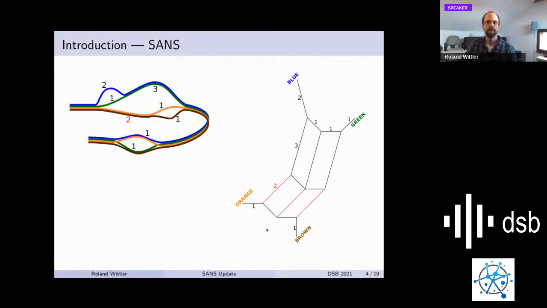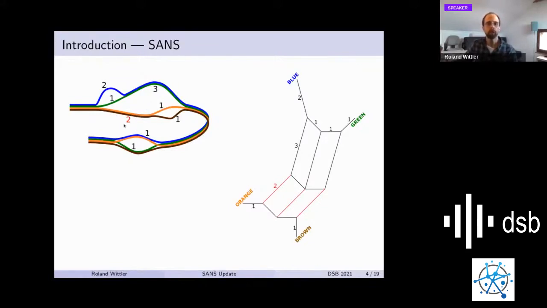So how do we get the phylogenetic splits from our genomes? On the left, you see a visualization of 4 genomes: blue, green, orange, and brown. They are visualized like a colored string graph, whatever you like. The basic idea is to show that there are segments of the genomes that are shared by the genomes, and there are segments where they differ.